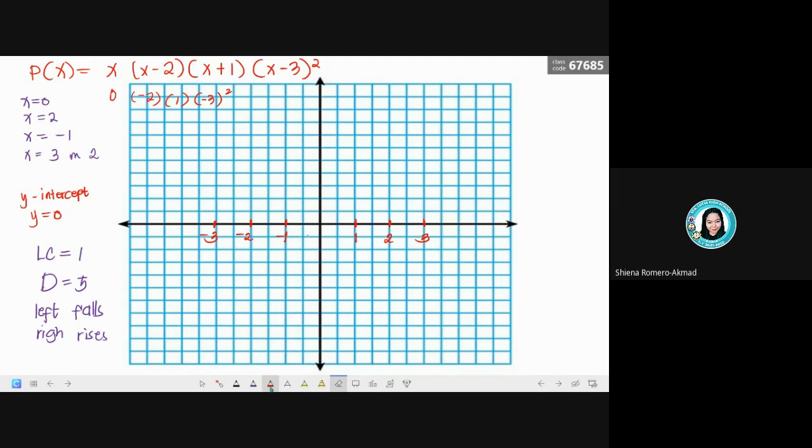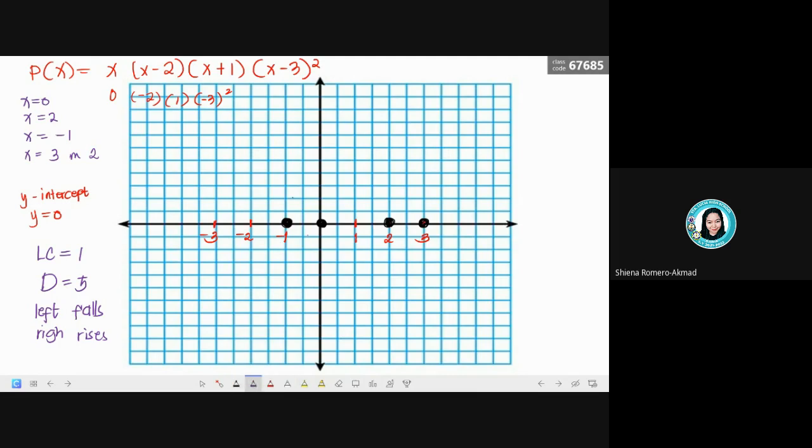Let us plot the points first. So, we have 1, 0, 2, and 3. So, dyan tayo dadaan. Kay 3, ano lang tayo? Touch.